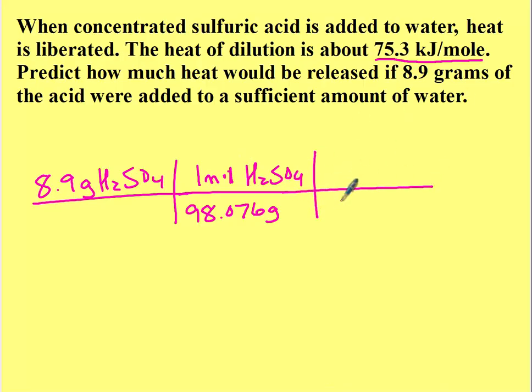And then our conversion is for every 1 mole, we'll have 75.3 kilojoules. And we're trying to find out how much heat would be released, because again, it's releasing energy, and we want 2 sig figs, so 6.8 kilojoules.